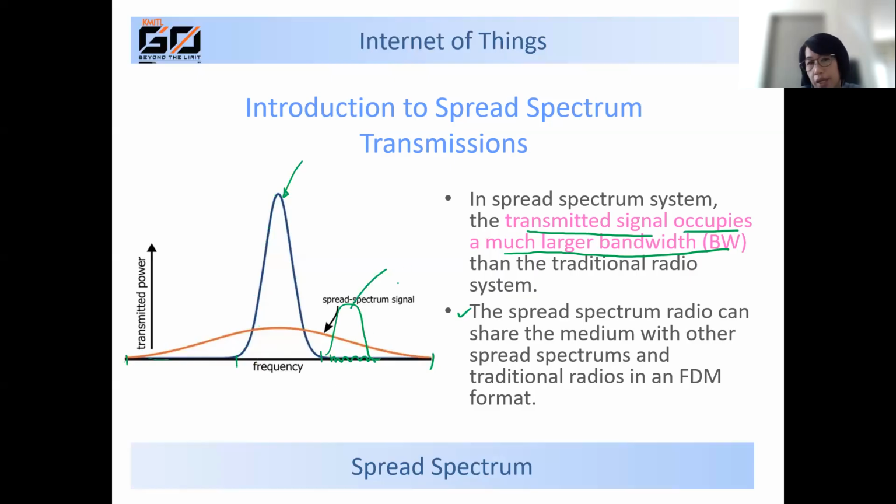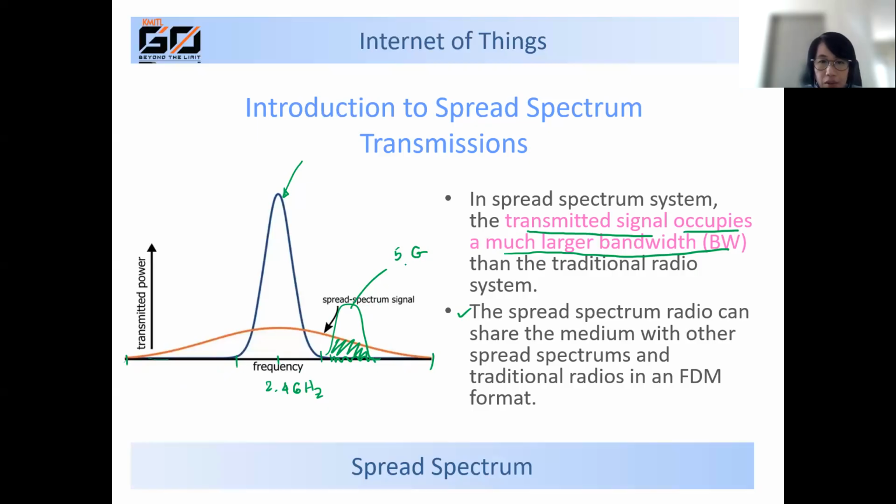For example, this is 2.4 gigahertz, and then you spread the spectrum, and the bandwidth is much wider. And here it is used for 5G also. So you may observe that some spectrum may overlap with each other. Okay, of course, it overlaps, but it can work at the same time with very small effect.